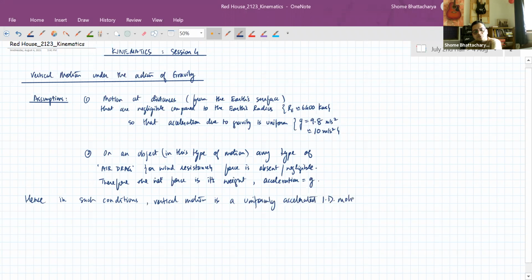When we start applying the equations, you'll see it's nothing new for us. It's the same thing that we learned in the last lecture, but with the special case that the magnitude of the acceleration of such a body during vertical motion is 9.8, or approximately 10 meters per second square, downwards, and uniform.